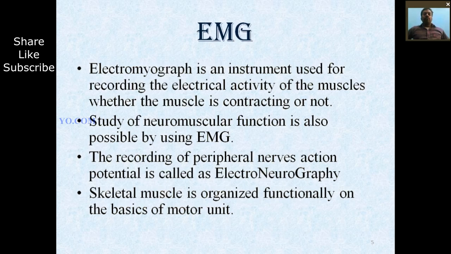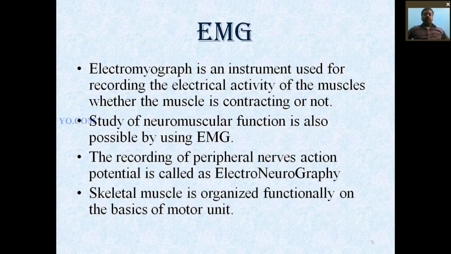The recording of peripheral nerve action potential is called electroneuropathy. Along with the electromyograph, we are recording the peripheral nerve action potential. We already studied action potential in the first unit. So measuring the nerve action potential is called electroneuropathy.